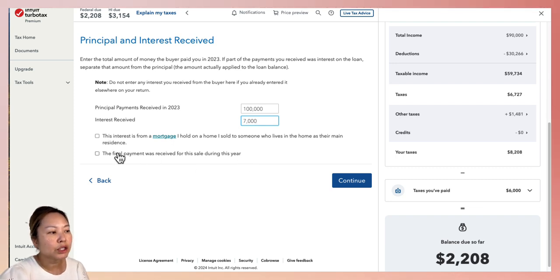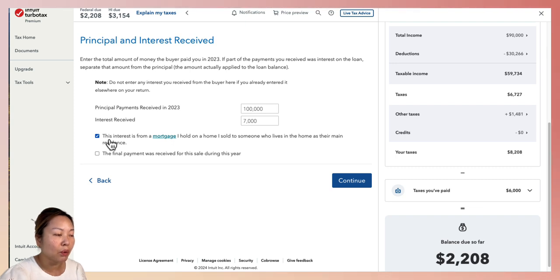So there are 2 more boxes, and you can check if it was applicable. The first box is that the interest is from a mortgage that I hold on a home that I sold to somebody else who lived in the home as their main residence, meaning the buyer is living in this as their main home. So in our case, we need to check this box.